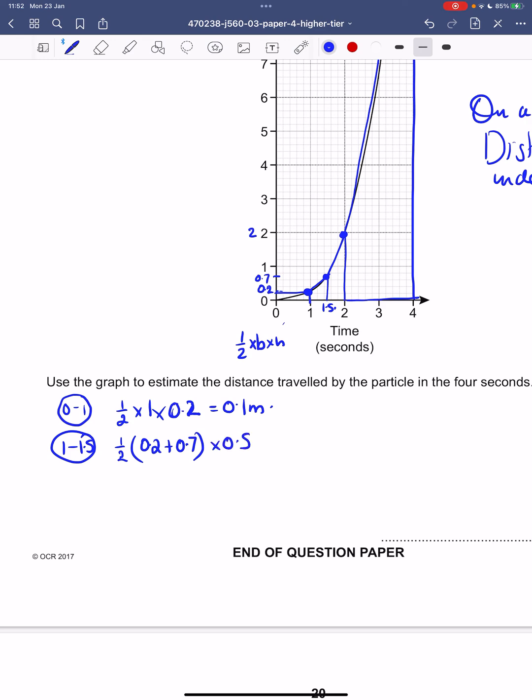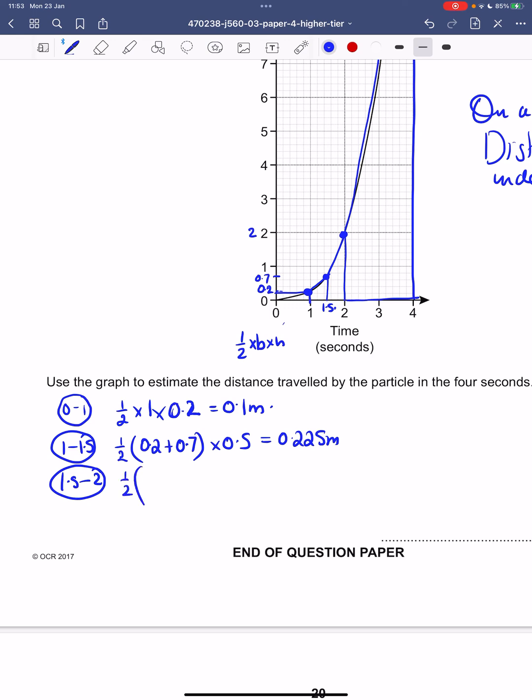That's the way the formula goes for the area of a trapezium. So it's a half of the heights, 0.2 plus 0.7 times 0.5. I don't have a calculator. 0.5 times 0.9 times 0.5. 0.225 meters there.